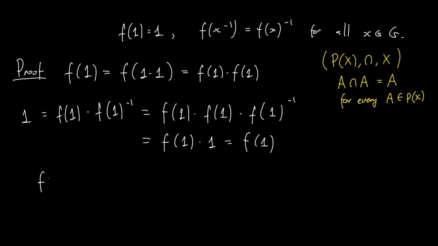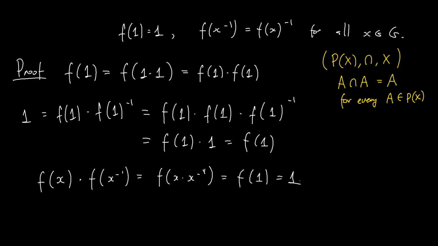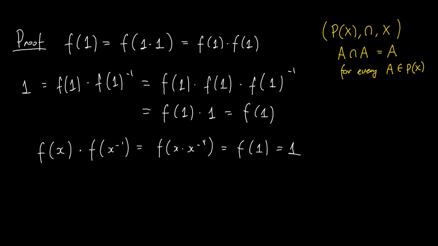Because f of x times f of x minus 1 equals f of x times x minus 1. That equals f of 1. That equals 1 from what we already proved. And so also the other way around, also f of x minus 1 times f of x by a similar argument equals 1.